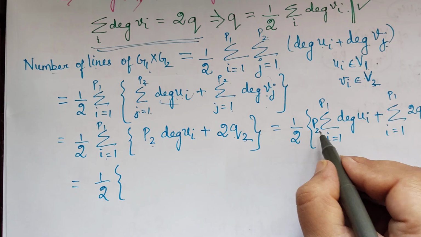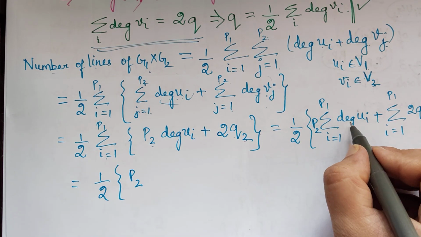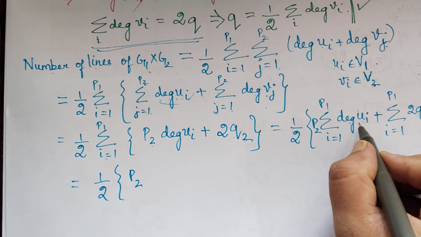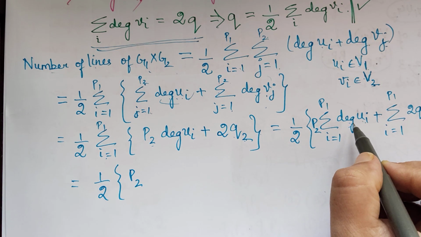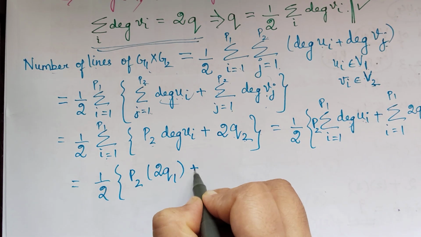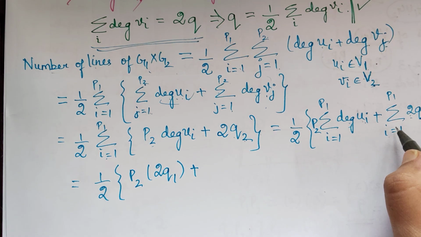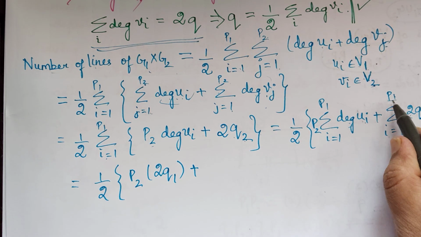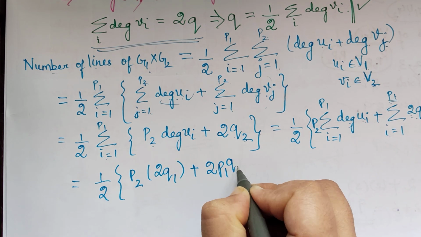And that is equal to 1 by 2. And what is this? P2 multiplied with, again the summation of the degree of ui will be twice the number of edges. And how many edges does the graph G1 have? Q1 number of edges. So it will be twice Q1, plus now 2Q2 we have, it is independent of i. So if you sum up with respect to i, this P1 will be multiplied with this. So we will get 2 P1 Q2.